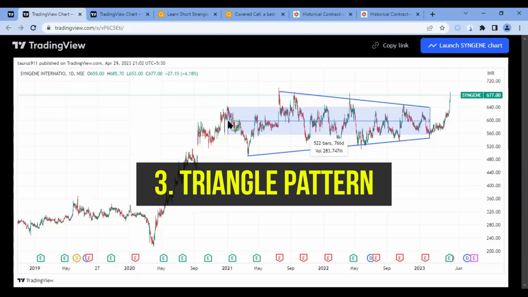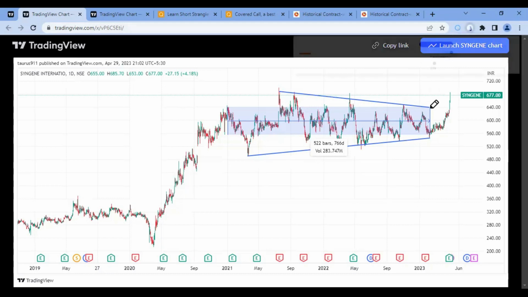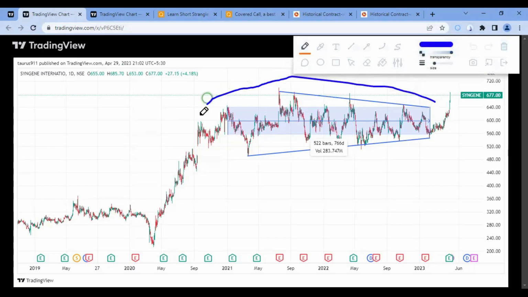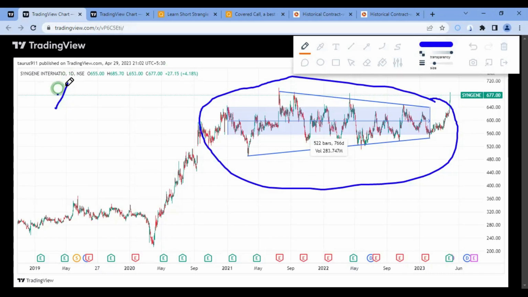Here in Synergin stock, you can see a triangle getting formed. So this is the third pattern that you need to look for. In a triangle also you get a range, and this is a daily chart, by the way. It will be very tough for traders to trade this based on options, and you will lose premiums each month.